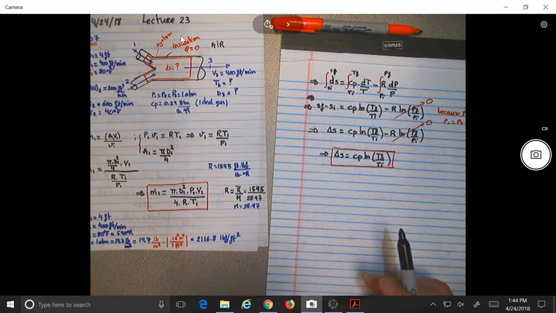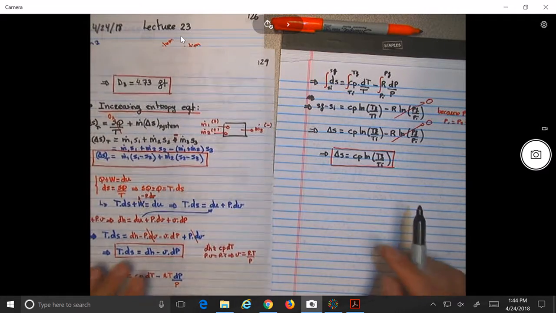So where is the equation for the change of entropy? So I'll come here.